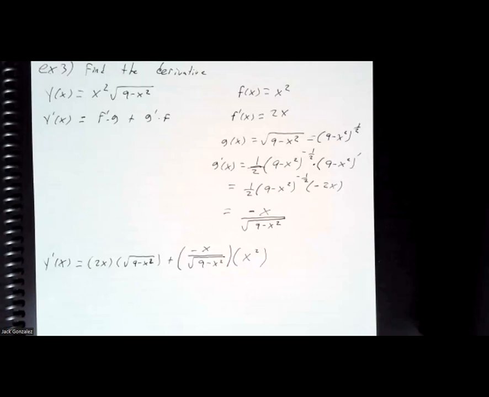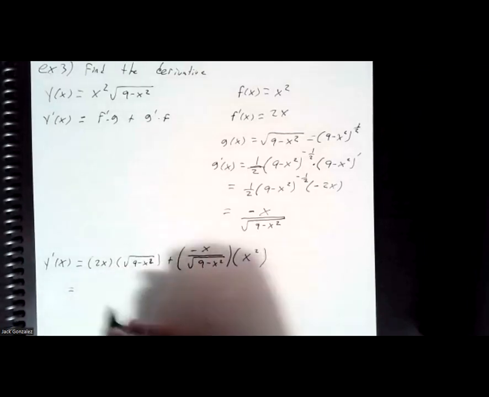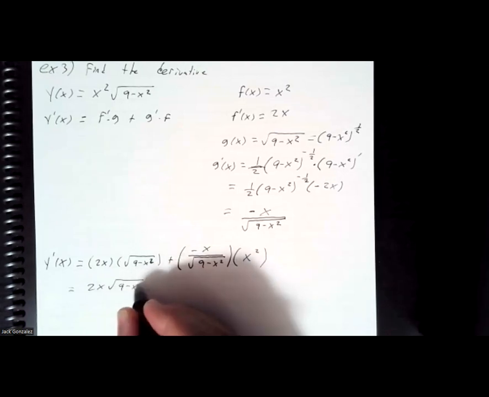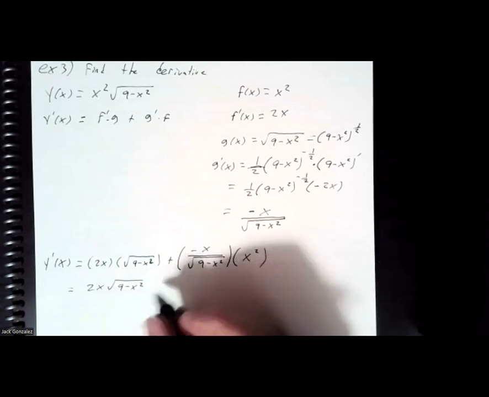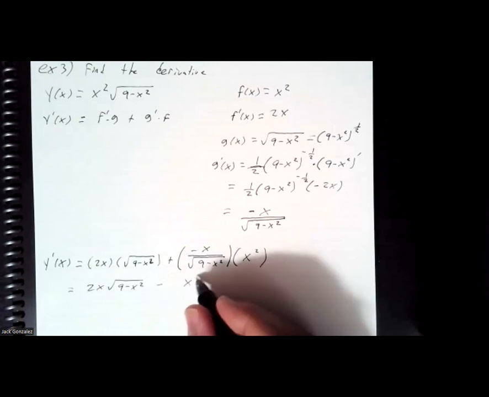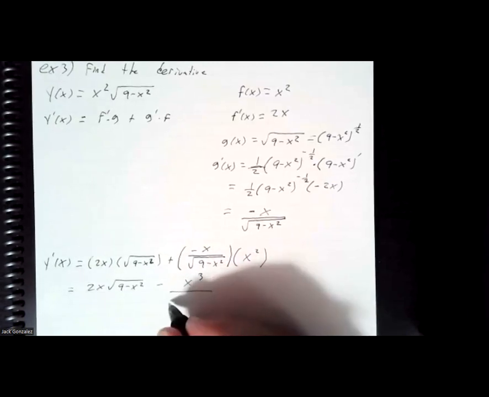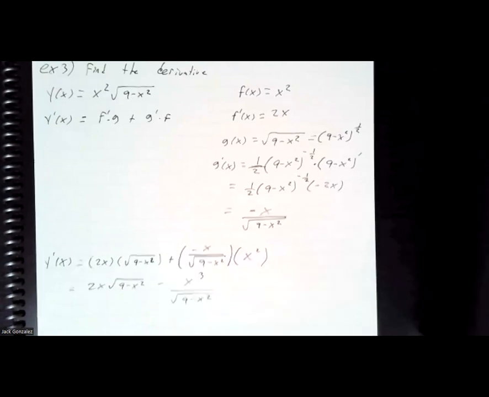Okay. So this will become just 2x. This doesn't change much. First term. This guy will become minus x cubed over this. Right? So we're pretty much done.